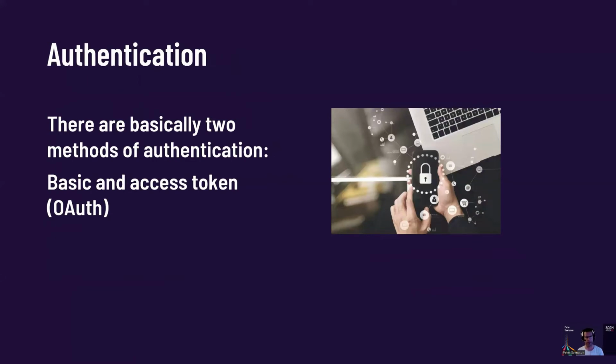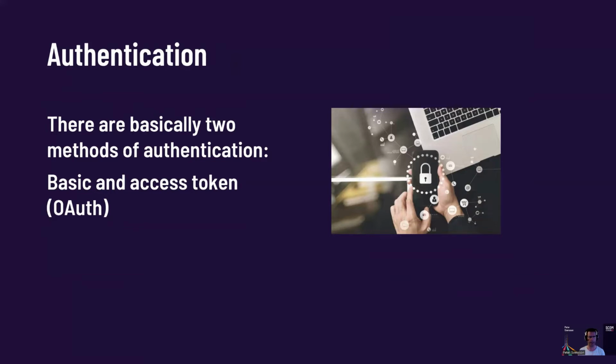And the authentication, like I said, most of the systems you need to talk to have some kind of requirement to authenticate. And basically there are two methods of authentication. There is basic, and access token or bearer token.